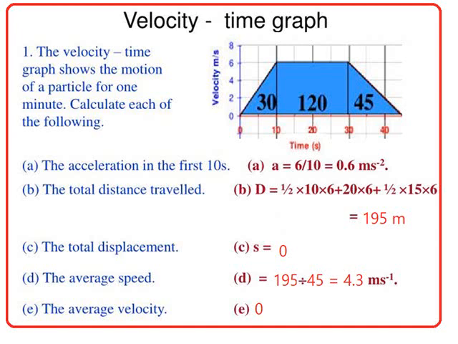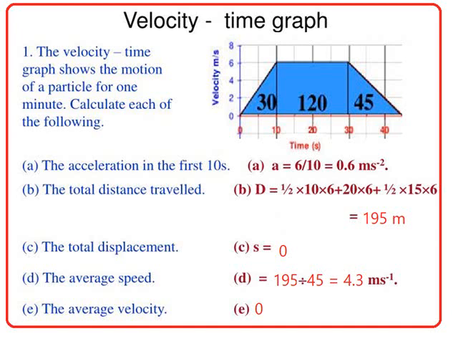Here the height is 6 meters per second, and one parallel side is 45 and the other parallel side is 30 minus 10, that is 20. When you substitute in the formula, you will again get the same answer, 195.